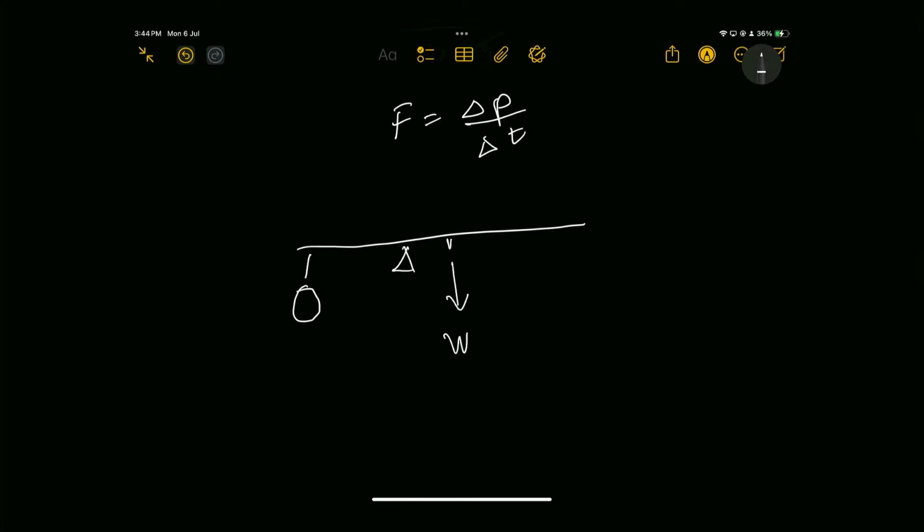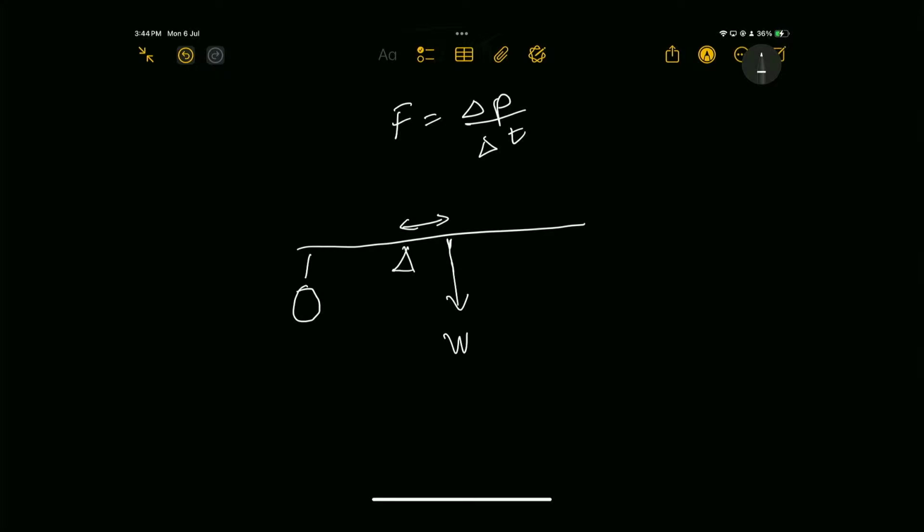So the moment on the right side was due to the weight. So the distance is this distance, the moment on the right side of the pivot, which is perpendicular to the direction of the weight, along the line of action of the force to the pivot.